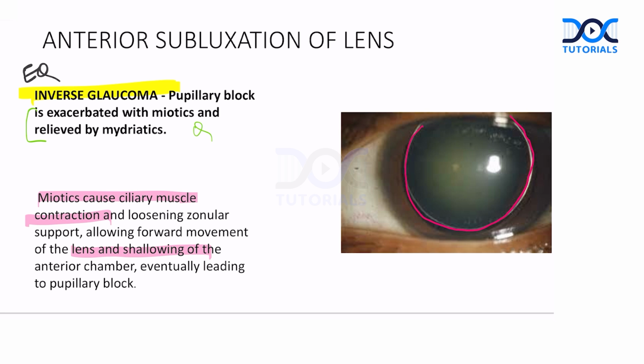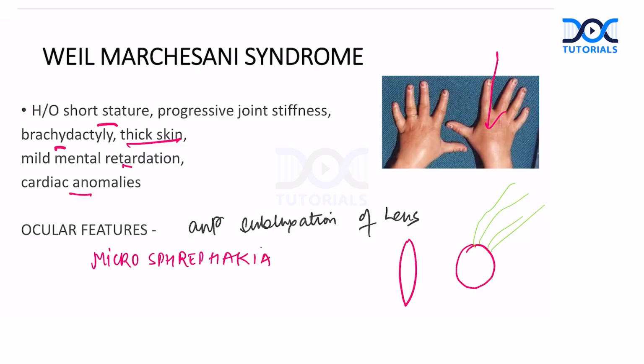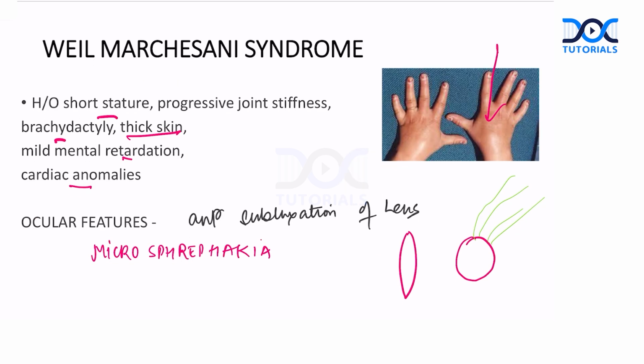So it is relieving the attack here. This is a very, very important statement, guys. Please remember, anterior subluxation of lens is seen in Weil-Marchesani syndrome, where the child is having these features. Very easy mnemonic, march. We are marching forward. So that is why the subluxation is also forward. So this was a very, very important topic about subluxation and dislocation of lens.